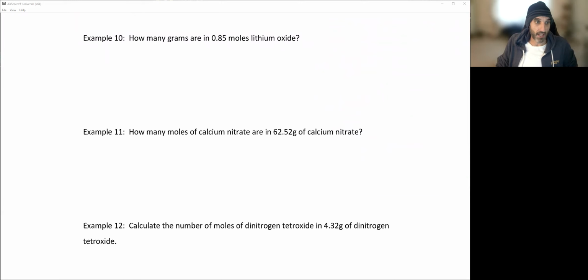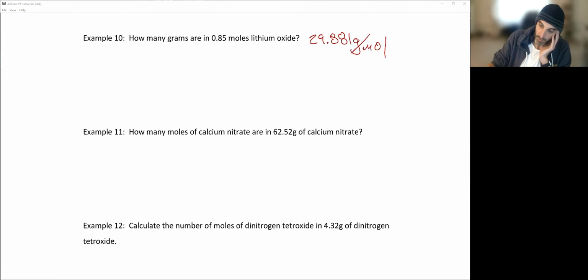Now let's take a look at this question. How many grams are in 0.85 moles of lithium oxide? Now that I have that value of 29.881 grams per mole, remember that per mole is the exact same as saying 29.881 grams of lithium oxide is equal to 1 mole of lithium oxide.